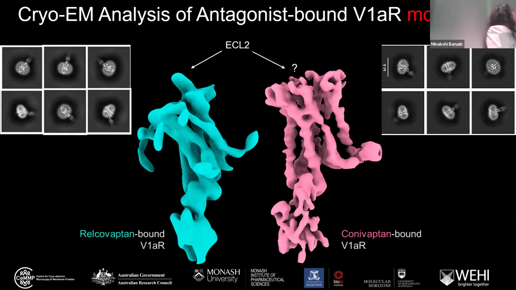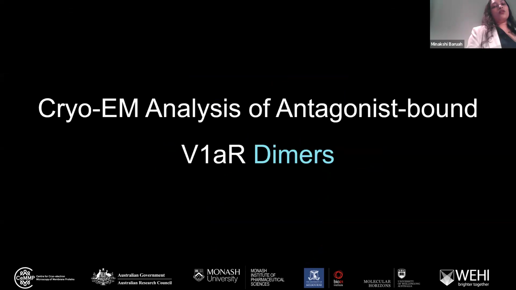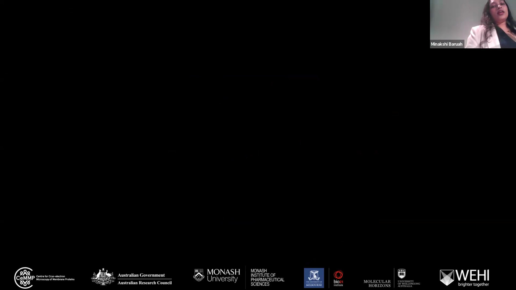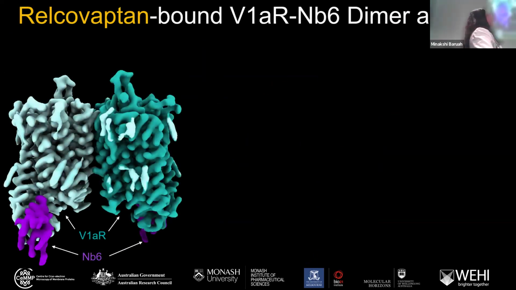We couldn't get a high resolution structure for the monomer samples, maybe because the complex size is quite small and the datasets were quite heterogeneous as well. Nevertheless, we moved to screening our dimer samples, and we got the vasopressin-bound dimer structure at 2.8 Å resolution.